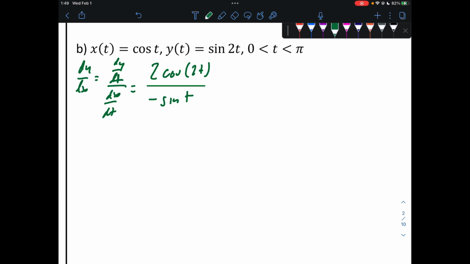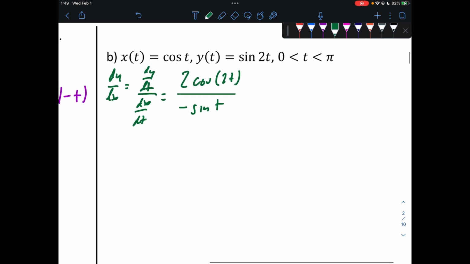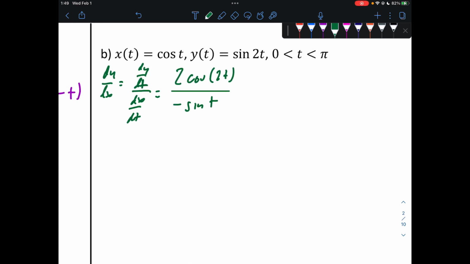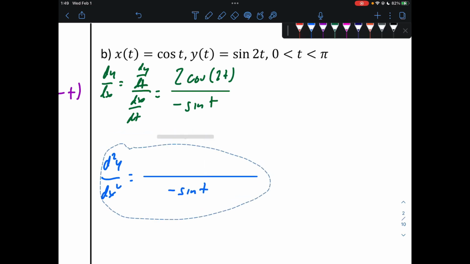All right, so now the second derivative, d squared y over dx squared, is going to be the derivative of this divided by dx/dt, which is negative sine t. And we're going to use the quotient rule to find the numerator here.